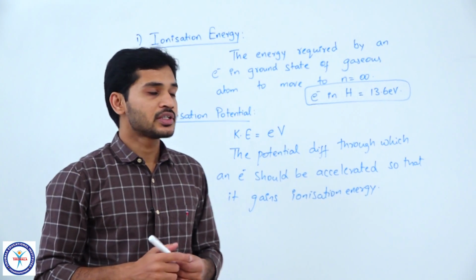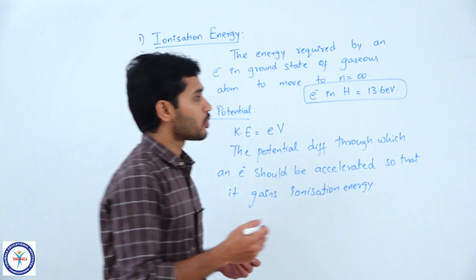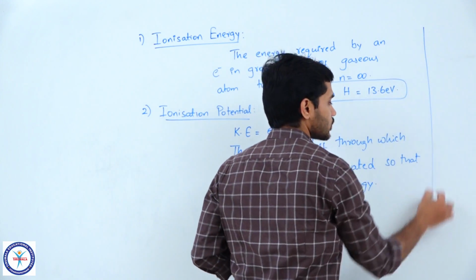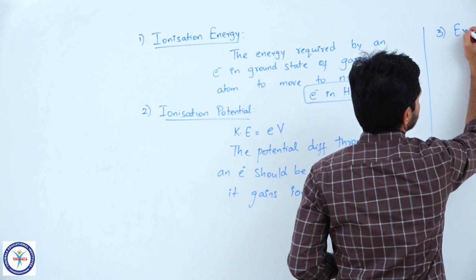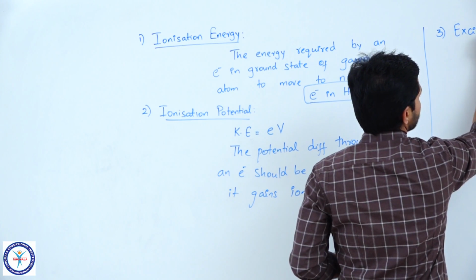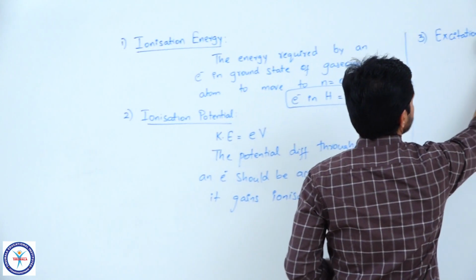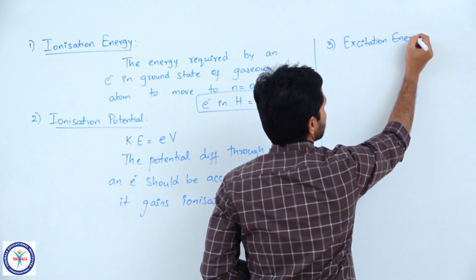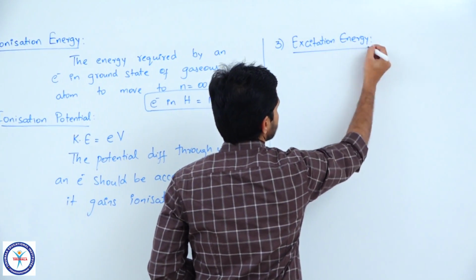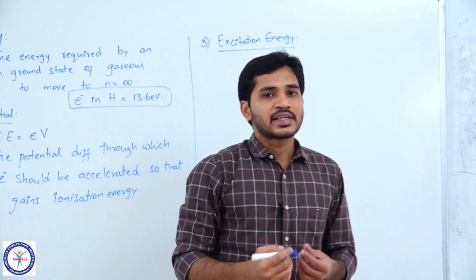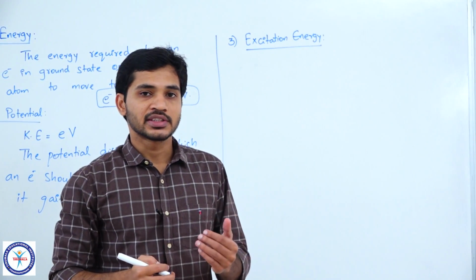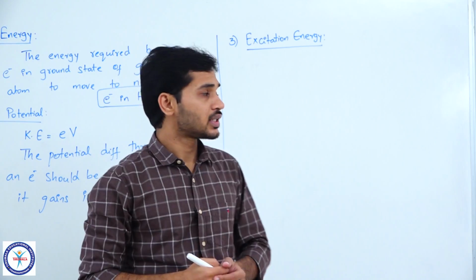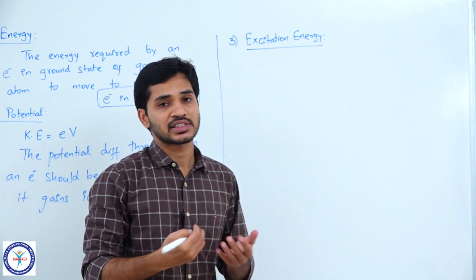Now, similarly, we can also talk about another term called excitation energy. You all know what excitation means. Excitation means taking an electron from a lower energy state to a higher energy state, and excitation energy means exactly that.